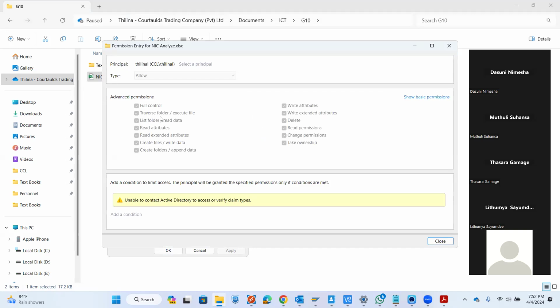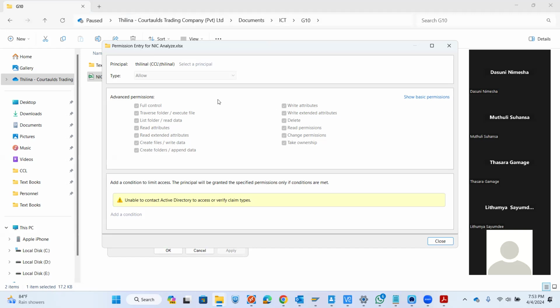See, full control, traverse folder. I can even control browsing the folders: list folders, read data, read attributes, create files, write data, create folders. If I take off this one, it won't allow you to create the folder.